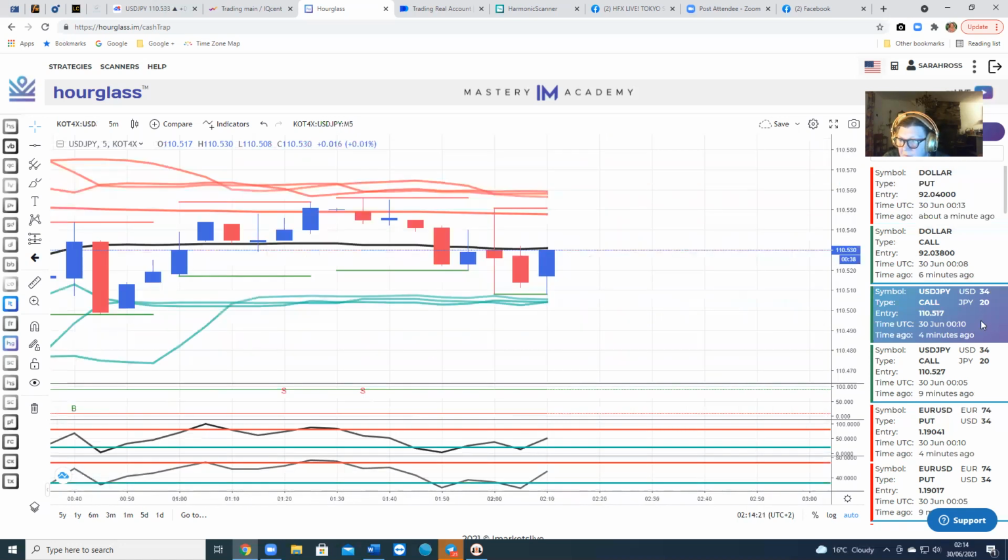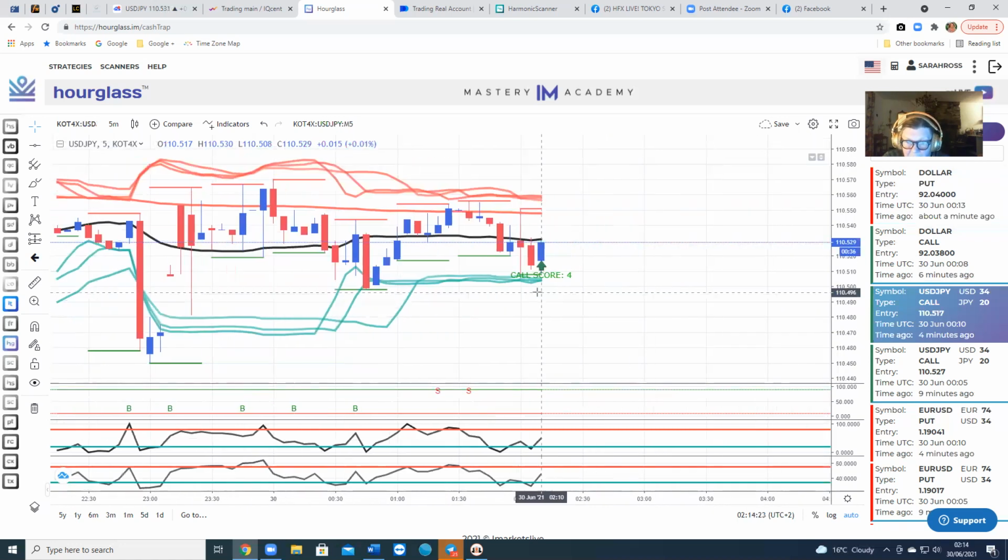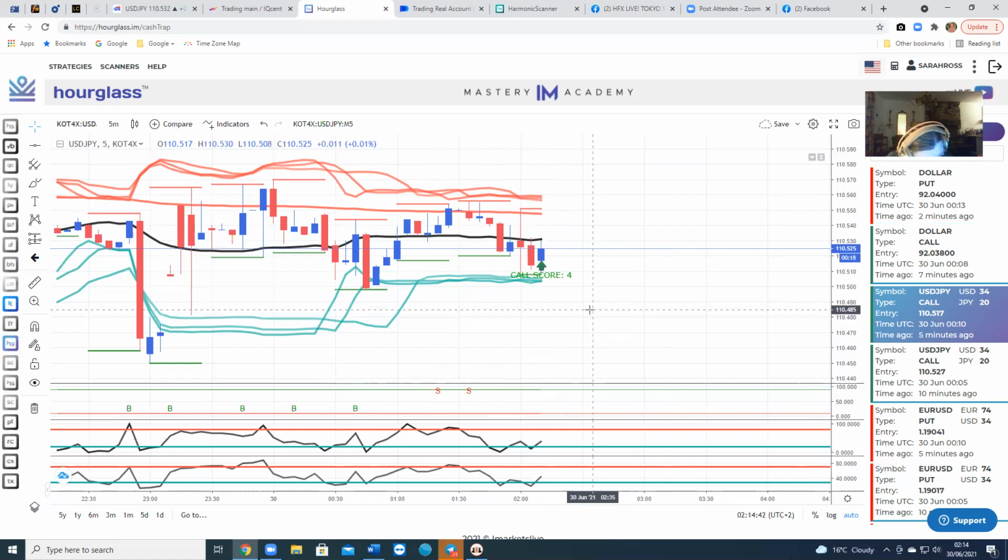If it glitches, just click your blue box. We had a call score of 4 at 5 past. So that was actually quite a nice trade, but we have got that moving average cutting through there. And that was called at 517, which was one of our lower levels, which I had written down. It was one of our levels of support.